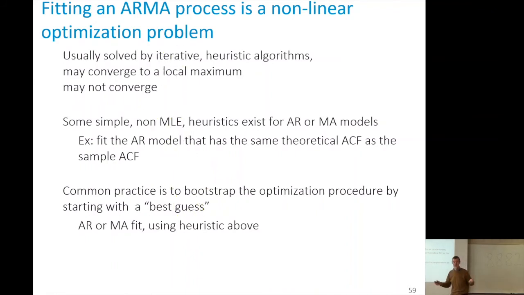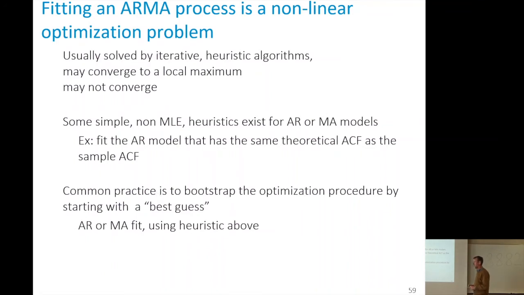If you start from a flat guess, with no information, it might have a hard time. Even though there is an obvious maximum somewhere, if you don't give a hint to the optimizer, it might not find it, or it might be stuck in a local minimum. So the common practice when you use an ARMA process is to start with a best guess.